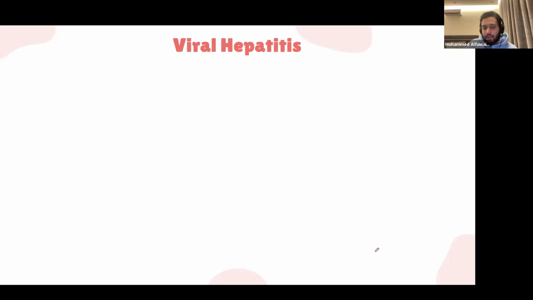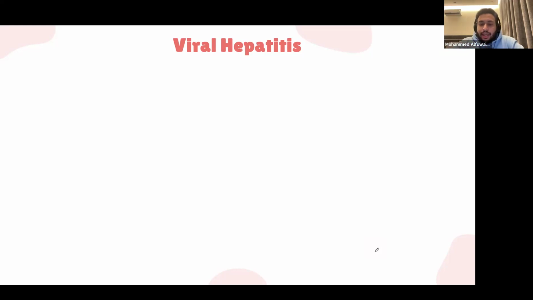IgM antibodies to hepatitis A tell you that this patient currently has hepatitis. IgG just tells you that the patient had hepatitis somewhere in their life. It does not tell you that the patient has it now. Or if the patient had the vaccine, they'll have IgG antibodies.